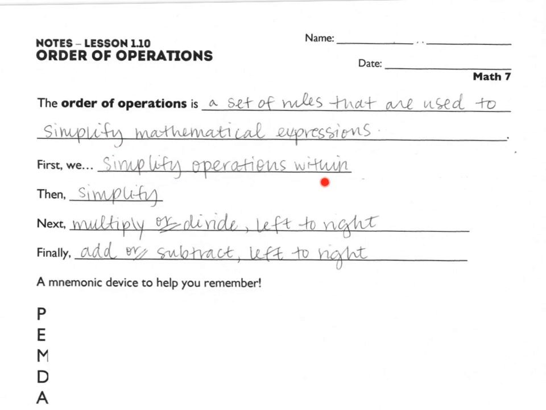First, we simplify operations within grouping symbols. So that would be like parentheses. Then next, we're going to simplify exponents.